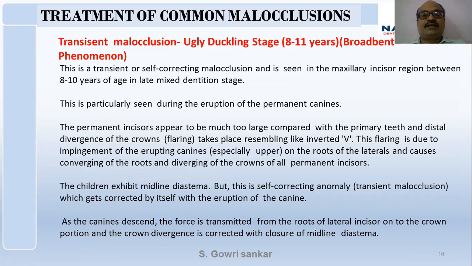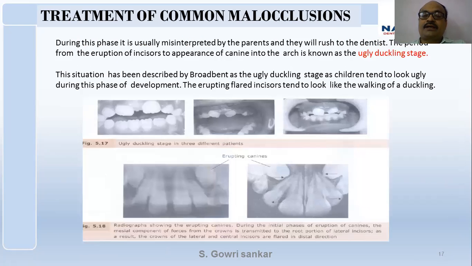So this is a transient malocclusion, the broadbent phenomenon, usually seen before the eruption of permanent canines. This is how it looks before the eruption of permanent canines. This is because the erupting canine exerts its force on the roots of the lateral incisor.